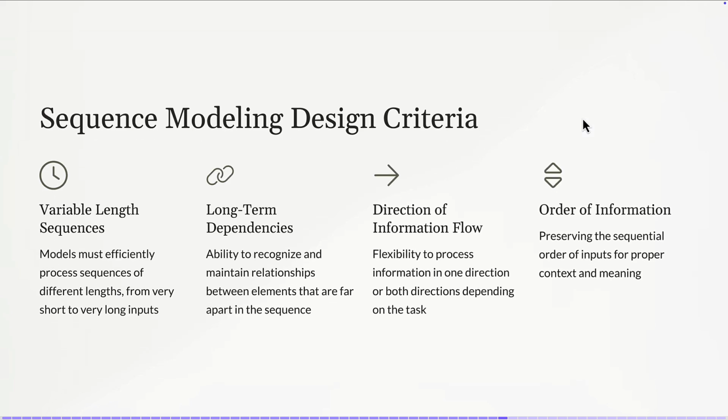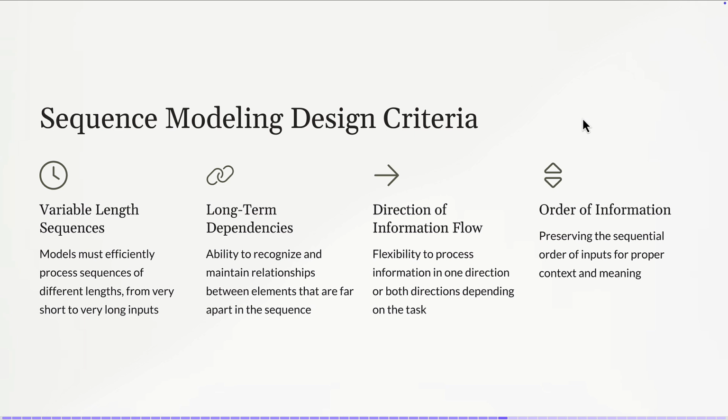Okay, so the sequence modeling design criteria is that sentences have variable length, which makes a challenge. The model must efficiently process sequences of different lengths, that can vary from short inputs to long inputs. They must have long-term dependencies, and this is to ensure the ability to recognize and maintain the relationship between the elements or the words in a sentence.